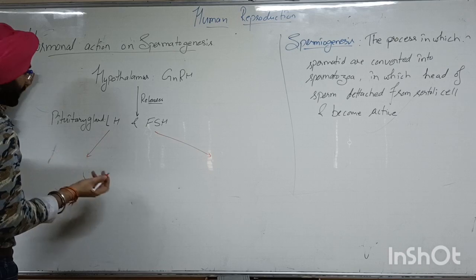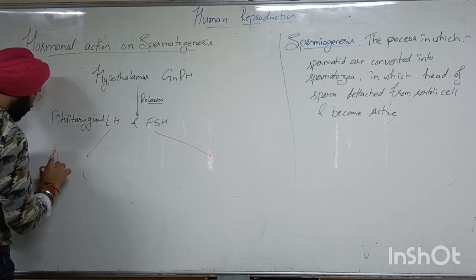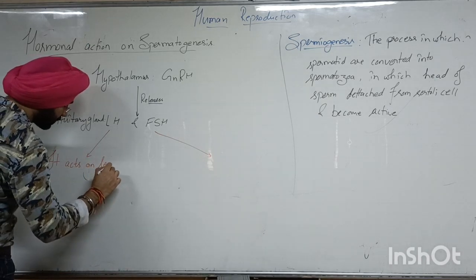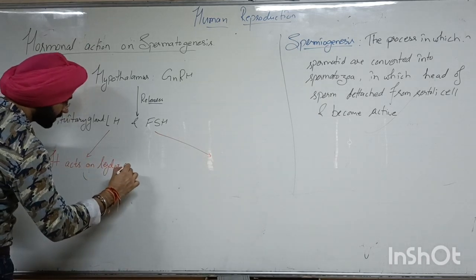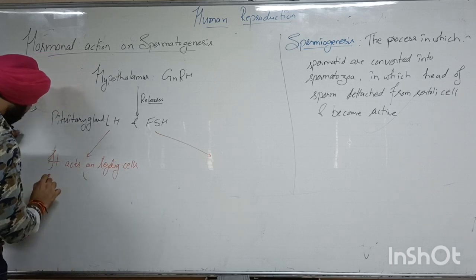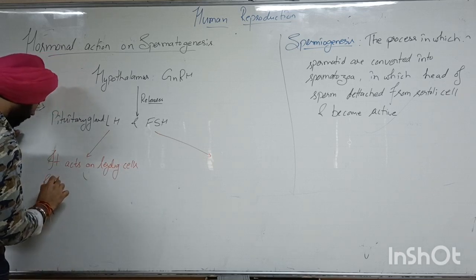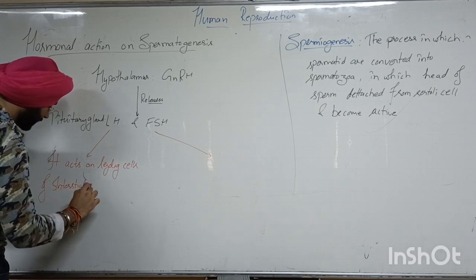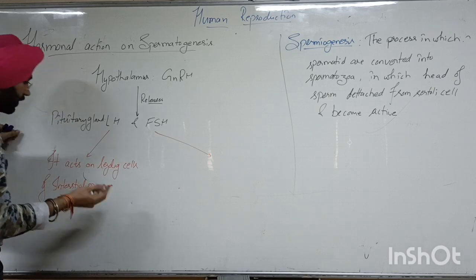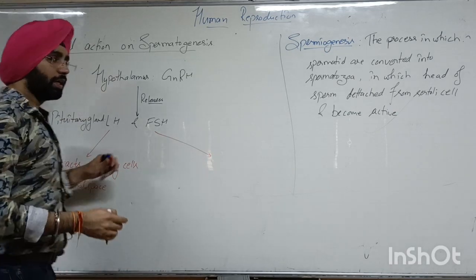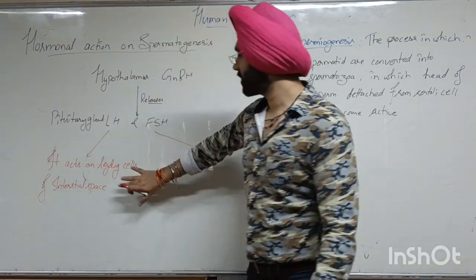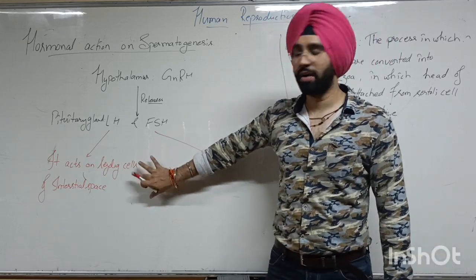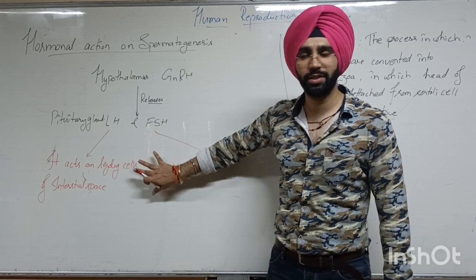The LH hormone acts on the Leydig cells of the interstitial space in the seminiferous tubule. LH stimulates the Leydig cells, which are present in the interstitial space. In the previous lecture I already talked about the Leydig cells, also known as interstitial cells.